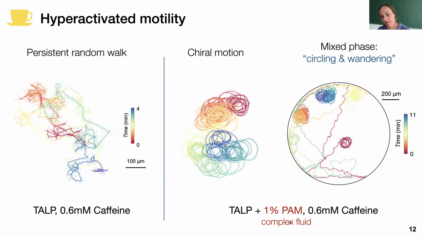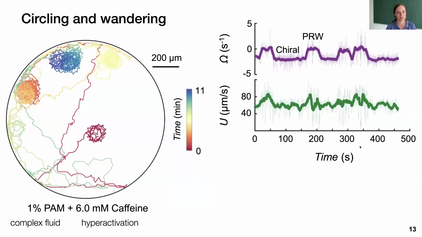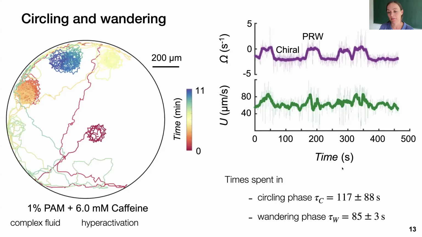But if we now add some polymers to the solution, the dynamics are either these really circular swimming dynamics, or we see these circling and wandering transitions. Now we can really measure from the trajectories how fast these sperm move. We can extract the velocity, the angular velocity of the circling phase, as well as the time spent in each phase, which is roughly about 100 seconds, as I said before.